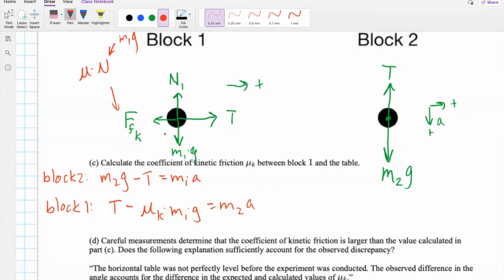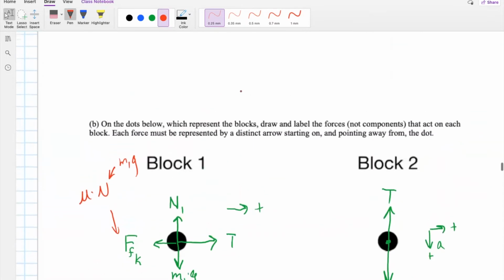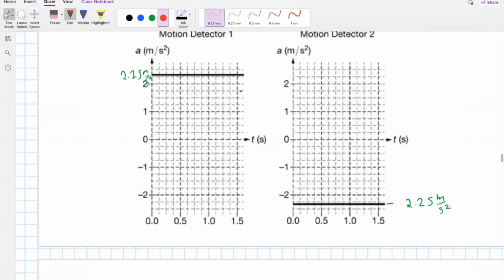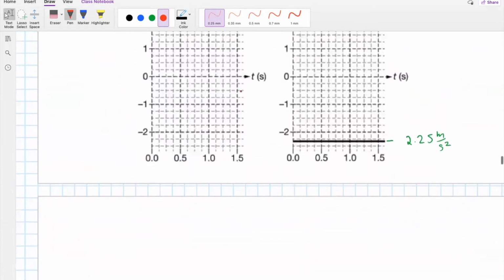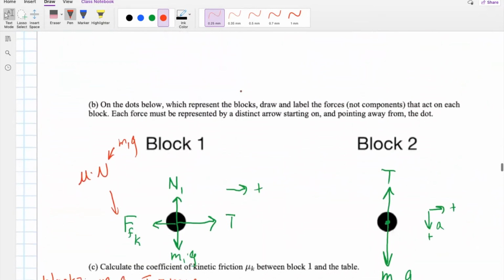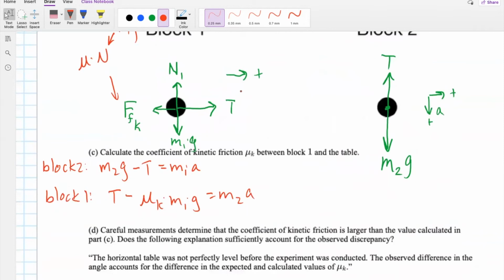So this T minus friction would yield a positive result, and we would plug in a positive acceleration for that. And the reason why I bring this up is because in the graph above, they give us negative values for the acceleration of block 2, which is fine. I just figured this way makes it a little bit easier. Sadly, it's a little inconsistent with the information presented above. I'm going to talk about and evaluate it here in a minute as if they were negative. What would we do there? Okay.